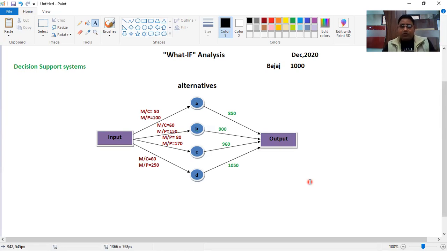So how to find out? See, decision making in the current scenario is not so easy, and we have to make decisions abruptly, at the same time. We must have the relevant information with us, and we have to take a decision, and that decision must be rational and accurate, because all the functional areas are integrated with information systems.